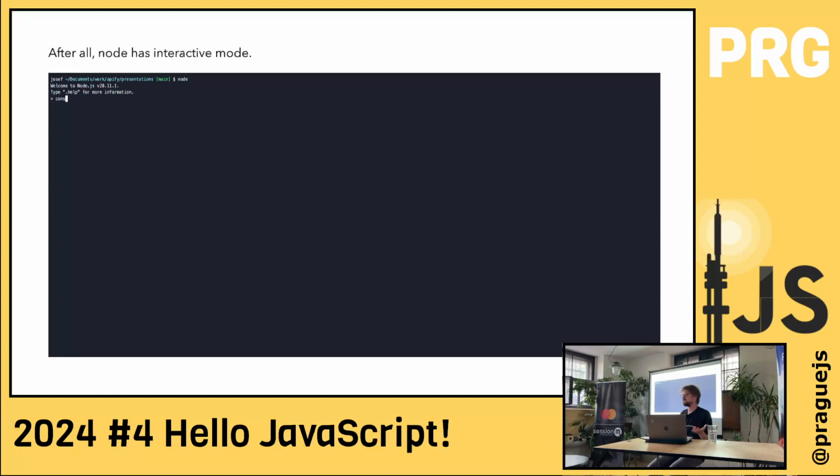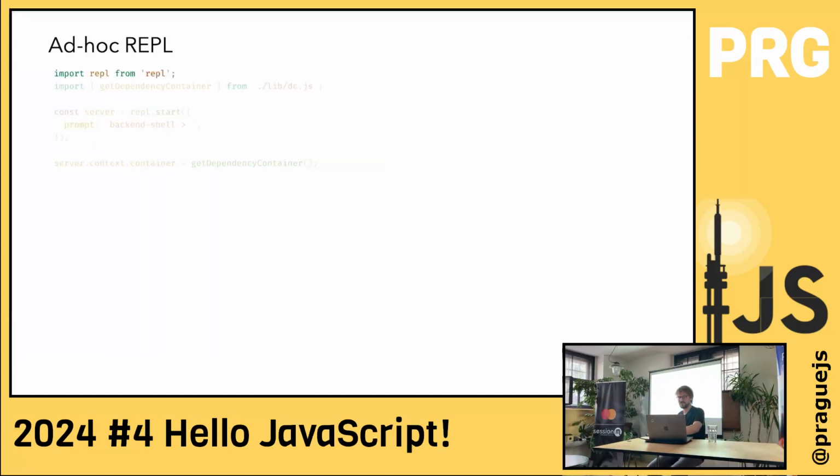Because Node has interactive mode, usually when I used it before, I just searched how to like exit it. It's .exit. I never used it for anything practical until now, because it turns out it's very easy to customize it. There's a module in Node Core, and those like lines are enough like to start your own CLI.